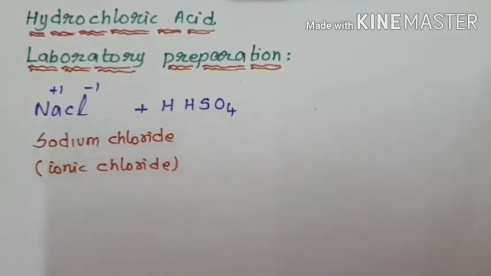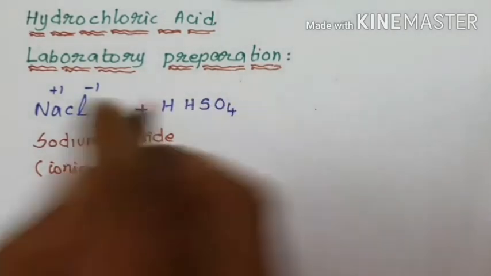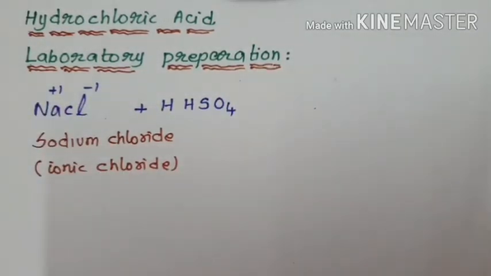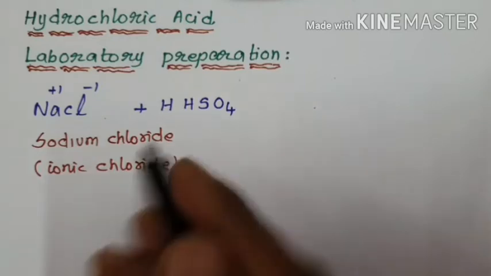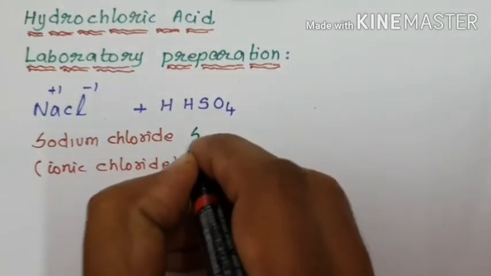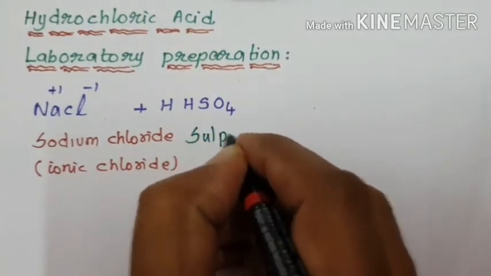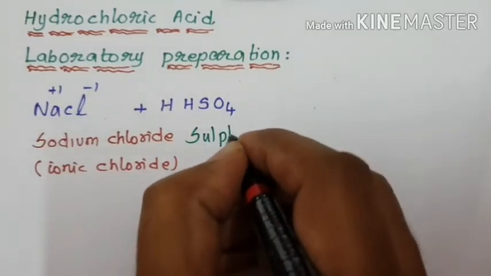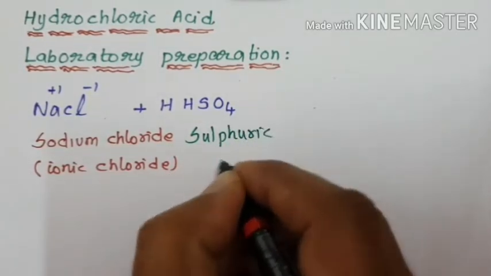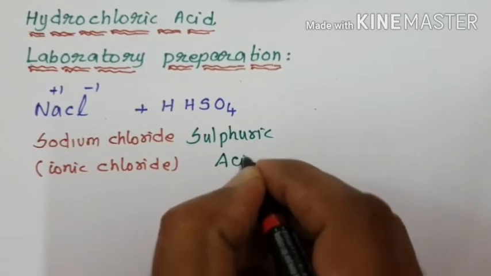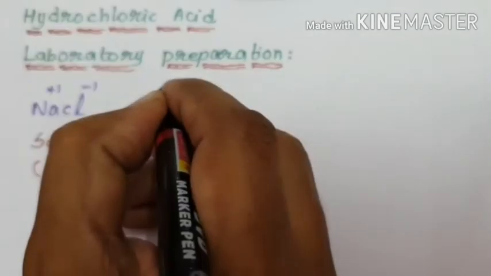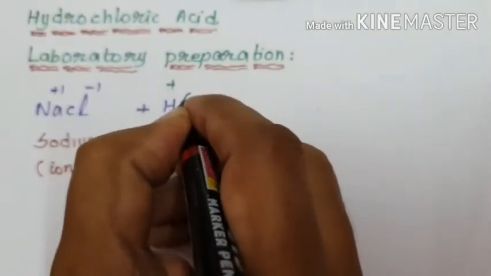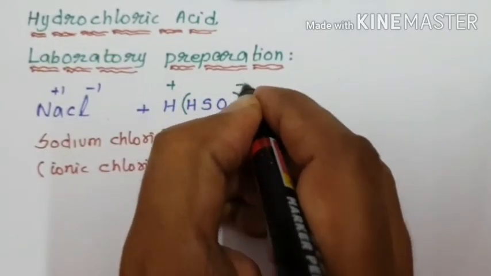When treated with sulfuric acid, H2SO4 undergoes ionization. One ionization gives H plus and HSO4 minus.